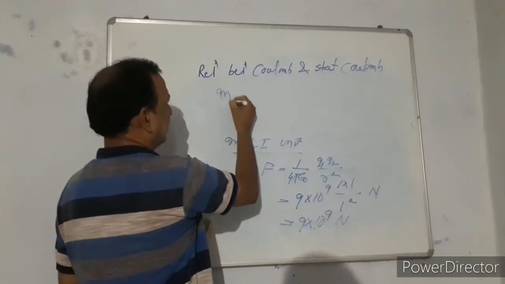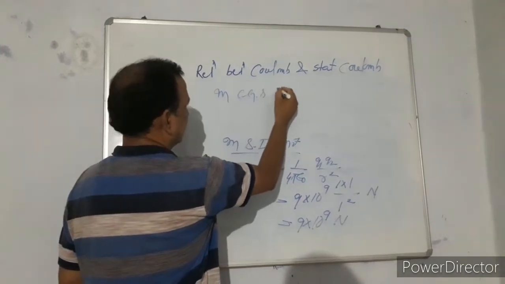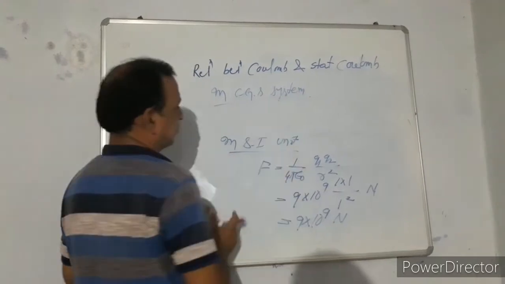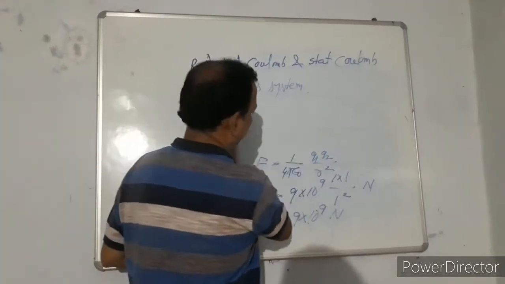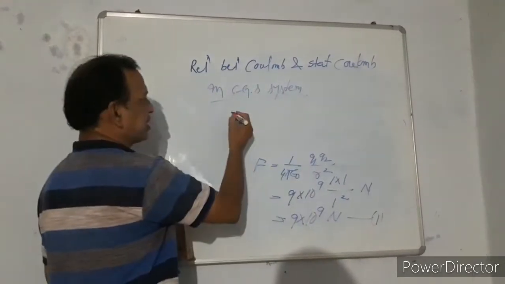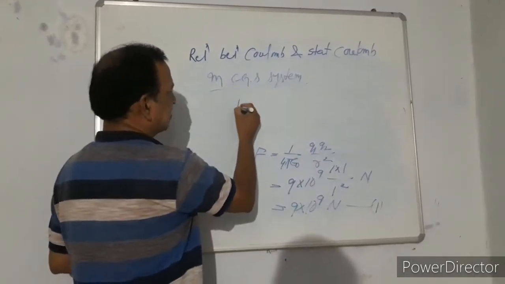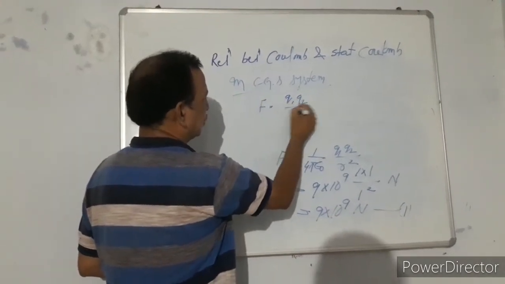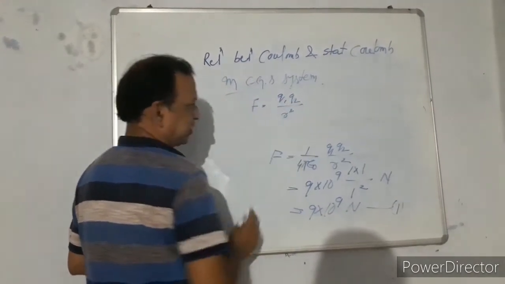That is equation 1. In CGS system, in free space, F is equal to Q1 Q2 by R square.